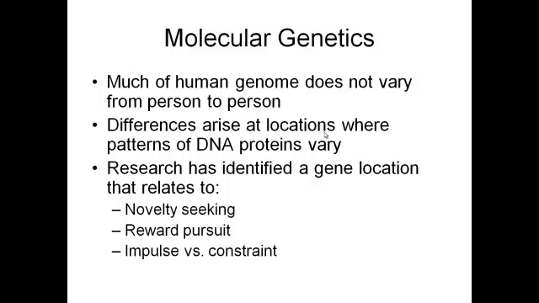If two different people have two different alleles at that particular site, they would be said to have different genotypes. In other words, person A and person B have a difference in their genetic structure at that particular location along the DNA strand. So that represents different genotypes.